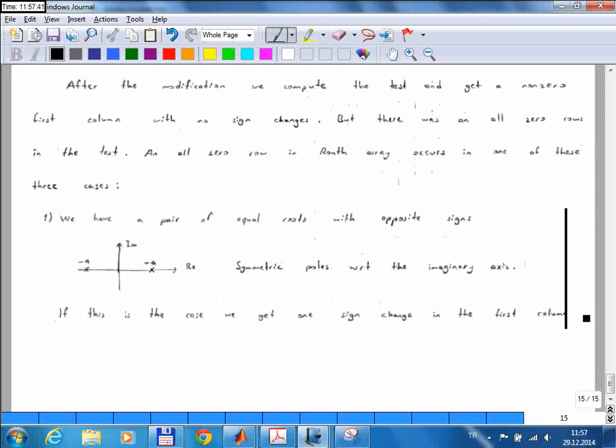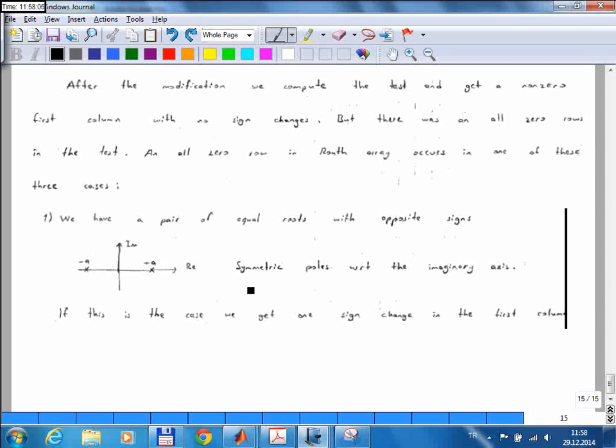The first one of these three cases is the case where we have a pair of equal roots with opposite signs. That means having real poles that are symmetric with respect to the imaginary axis. So if you have a pole at minus a, then there's another pole at plus a. And if you have a system like that, that system gives you a row of all zeros.